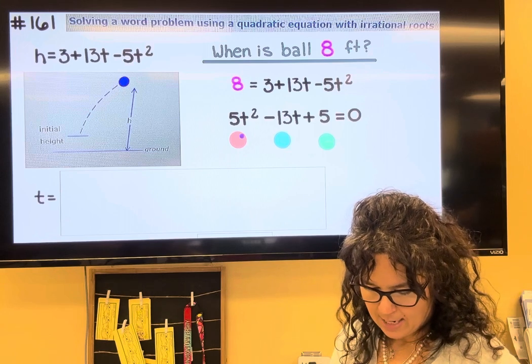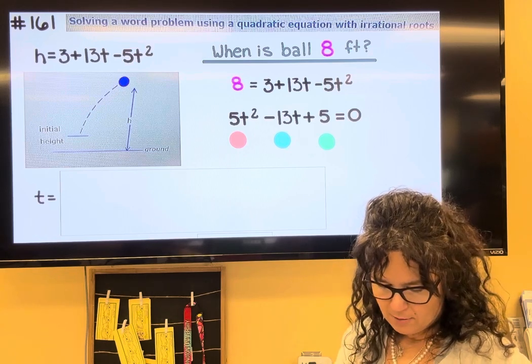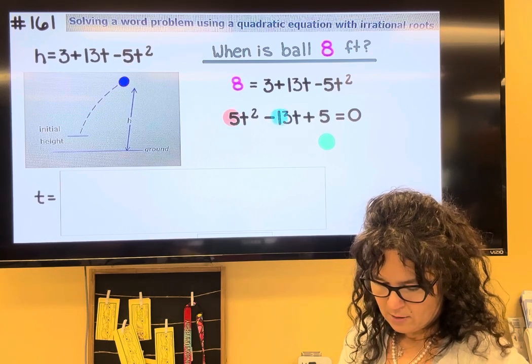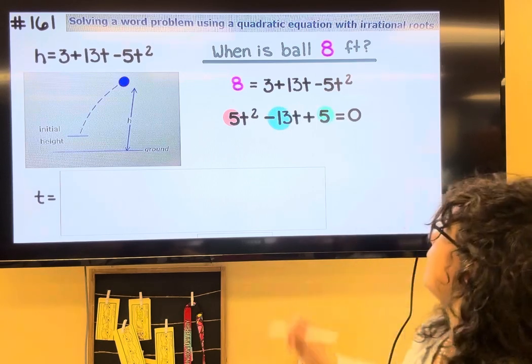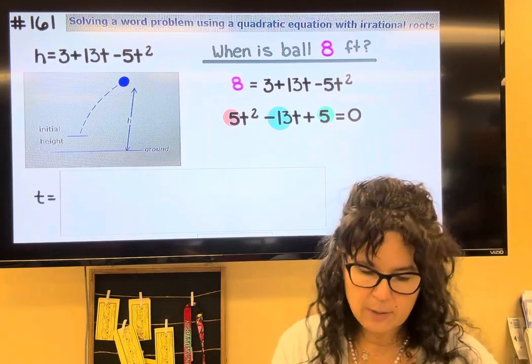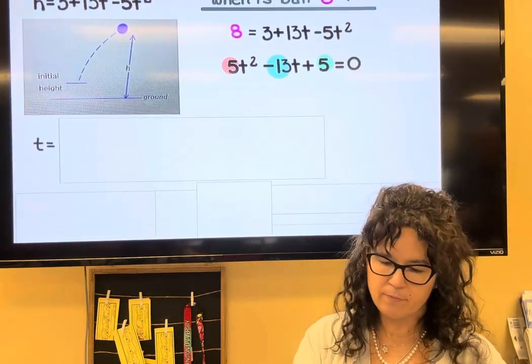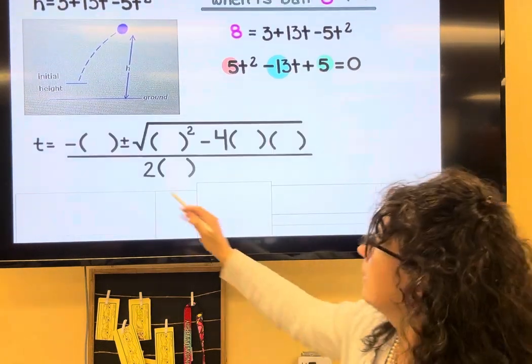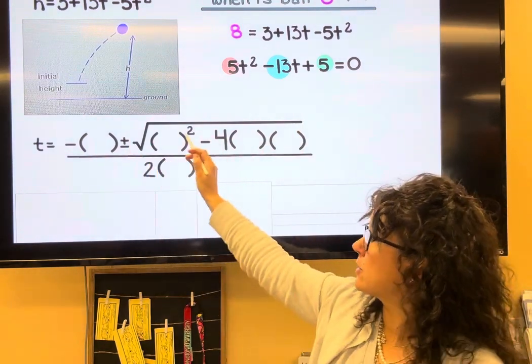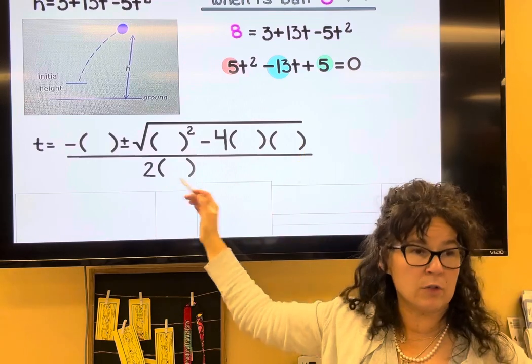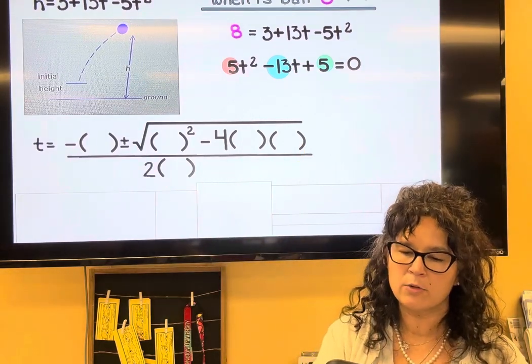Since my quadratic now equals 0, I'm ready to use the quadratic formula. Just to highlight my a, my b, and my c: the a is 5, the b is negative 13, and the c is negative 3. The formula is negative b plus or minus the square root of b squared minus 4ac, all over 2a. Let's start putting those numbers in.